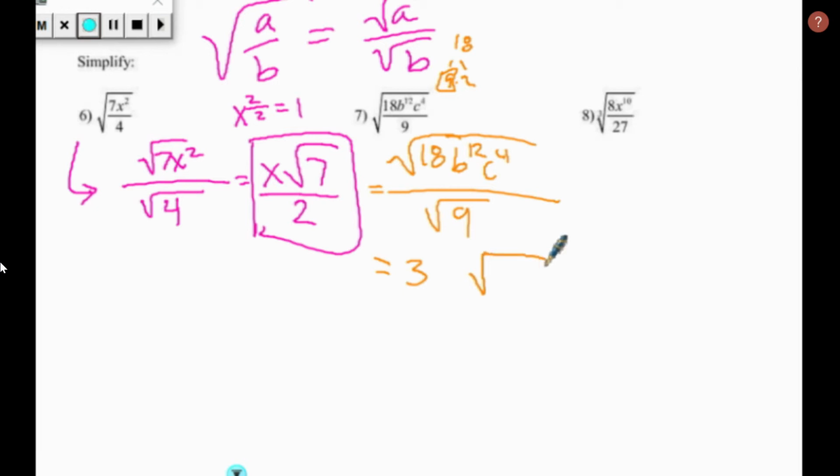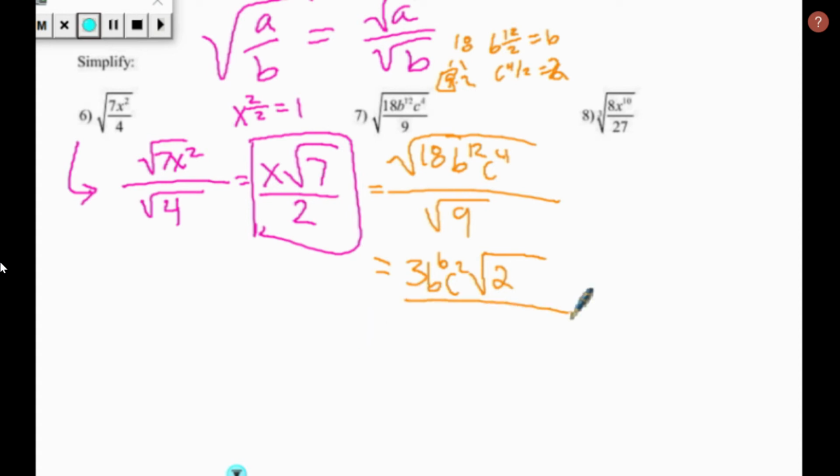So at the bare minimum for the top, I have a 3 on the outside, 2 on the inside. When I take b to the 12th divided by 2, I'm going to have 6, so I'm going to bring 6 b's to the outside. And then c to the 4th, I'll have 2 c's outside. So the only thing that I'm leaving on the inside is the 2 from the 18. Everything else is coming to the outside.